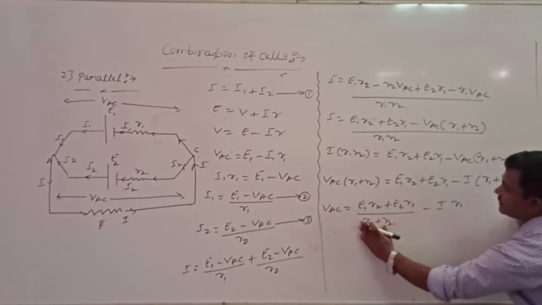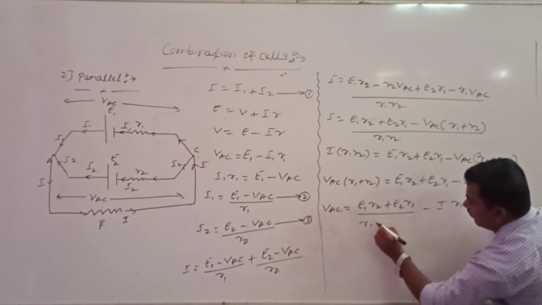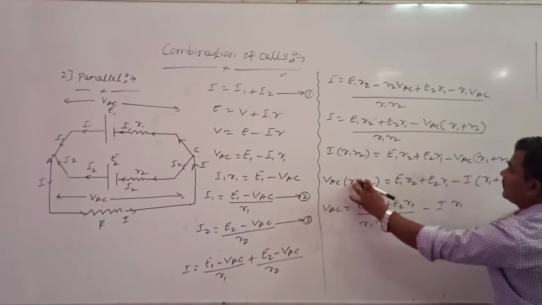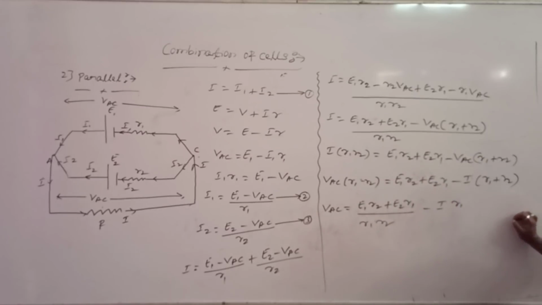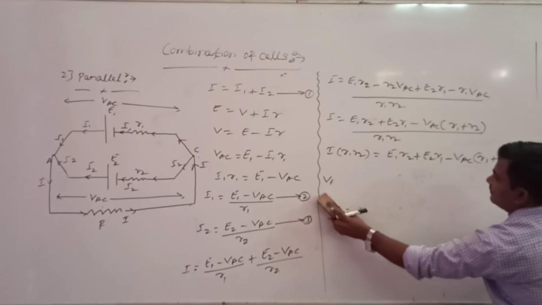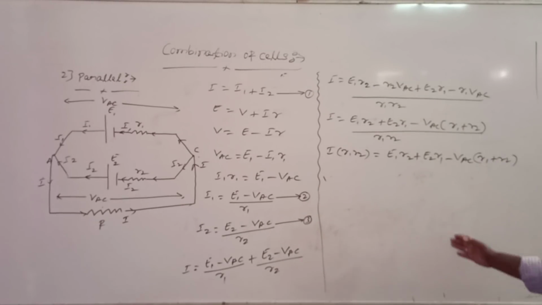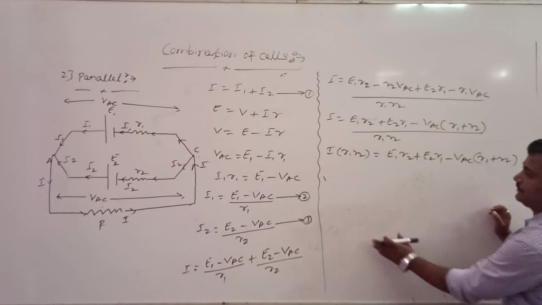This is R1 into R2, not R1 plus R2. R1 into R2. Sorry, something is going wrong here. Look at this step. This term is available. Shall I take this term and bring it to this side?